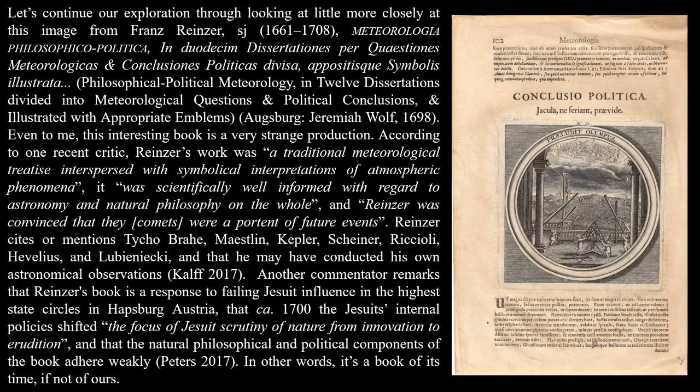The same commentator also notes that Reinzer may have conducted his own astronomical observations, which to me increases the value of his work. Another commentator remarks that Reinzer's book is a response to failing Jesuit influence in the highest state circles in Habsburg Austria, that around 1700 the Jesuits' internal policies shifted the focus of Jesuit scrutiny of nature from innovation to erudition, and that the natural, philosophical, and political components of his book don't stick together very well.